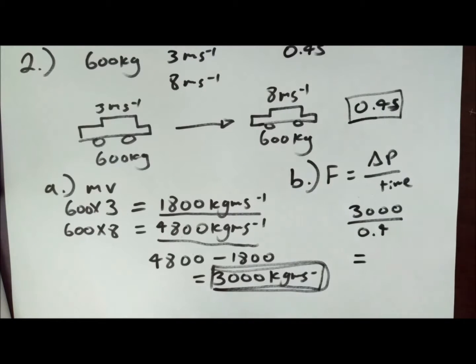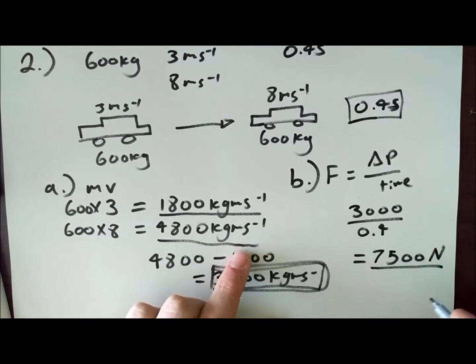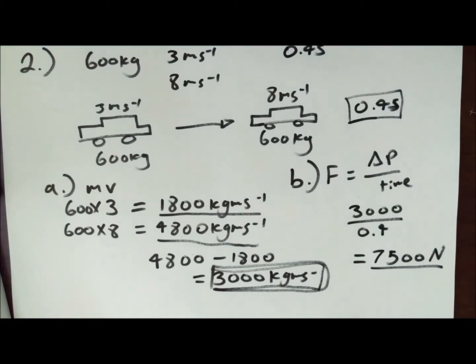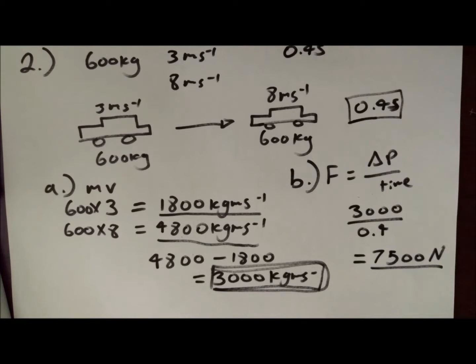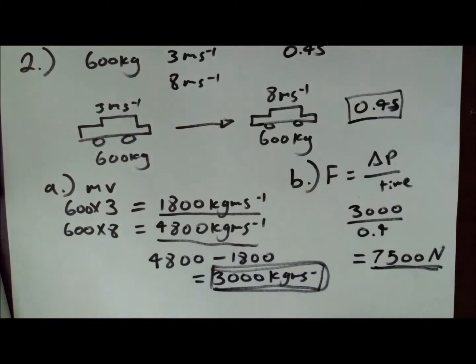So, we know that 3,000 divided by 0.4 is equal to 7,500 newtons. So we find that the impact force is 7,500 newtons. Right.